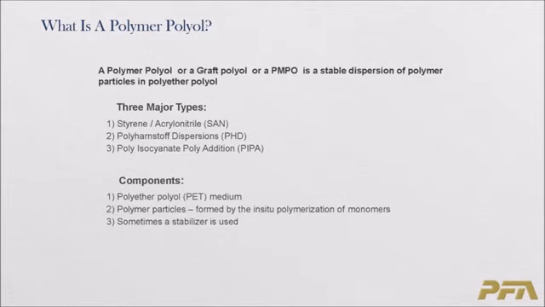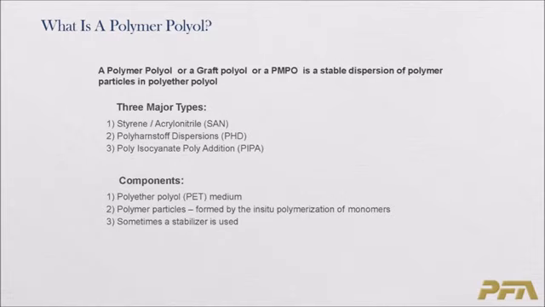And the last is polyisocyanate polyaddition, or PIPA, type technology. They all have in common the components. You have a dispersing medium, which is your polyol. You have the polymer particle itself that was formed by that in situ polymerization, and you often need some type of stabilization, either added or formed during the reaction.